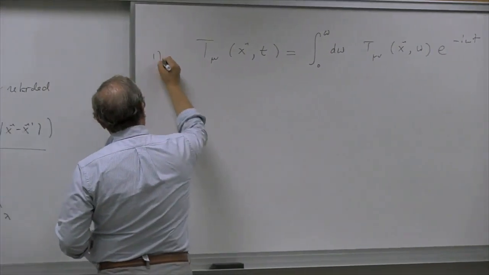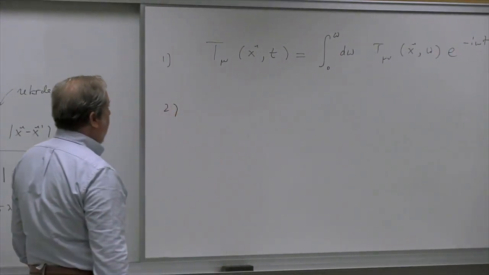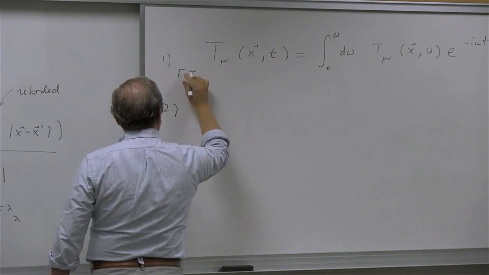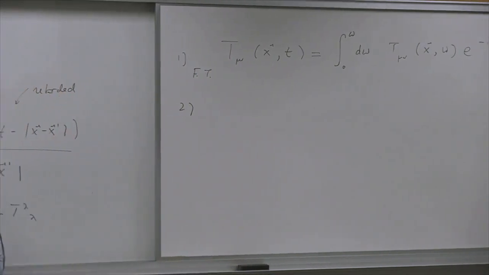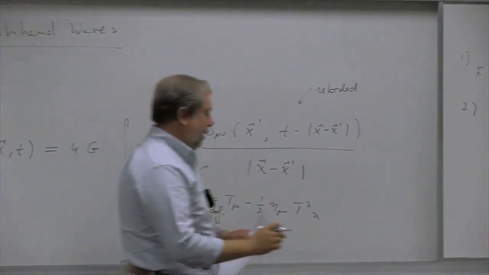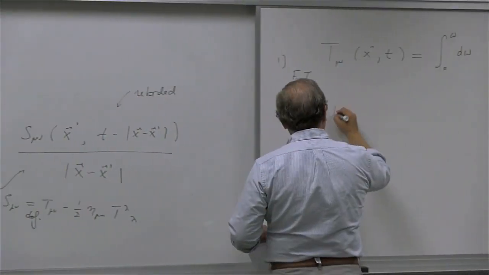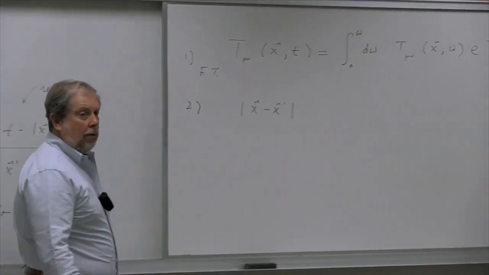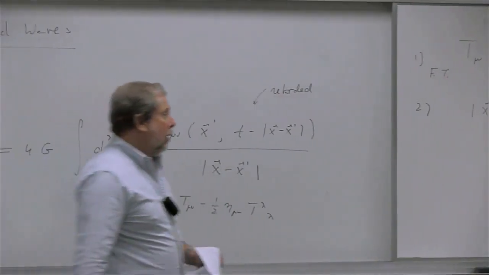So that is point number 1: Fourier transform in the time. And the second point is to look at the far field. Far field means that we expand |x − x'|, which is just the square root of (x − x')².